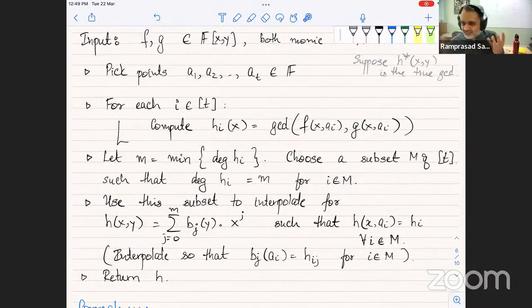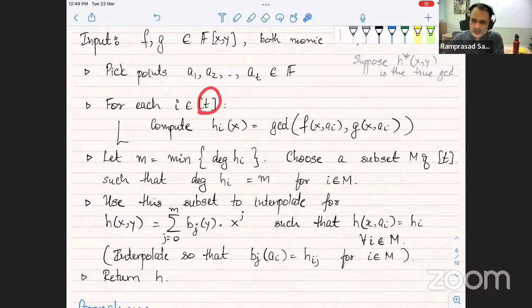It feels like morally it should work. It's like saying, I only know how to compute univariate GCDs. I'm hoping that each of the things I computed was actually h star of x comma ai, where h star was the true GCD. So once I compute all of these univariate polynomials, I'm going to interpolate and figure out the bivariate polynomial. And I'm hoping that this algorithm will work.